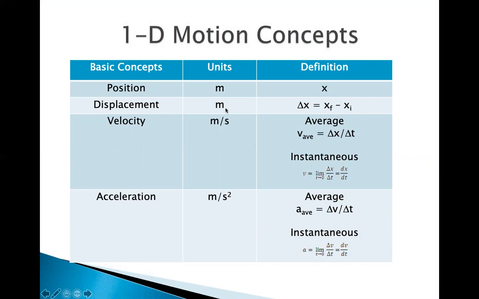Displacement is in the unit of meters, so is position. Displacement, velocity and acceleration can each be negative or positive. So these are the four different quantities. And here are definitions of average velocity and average acceleration on the right column.